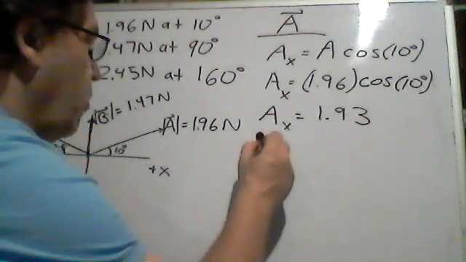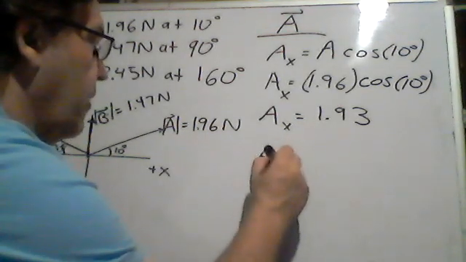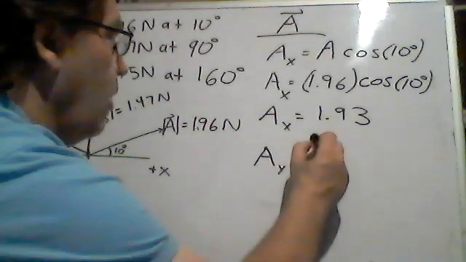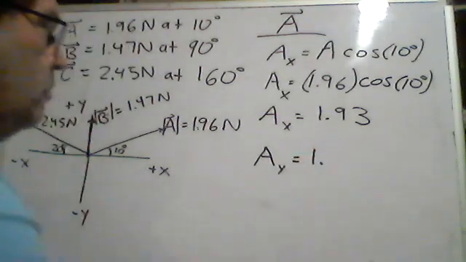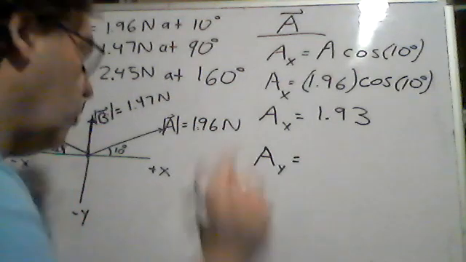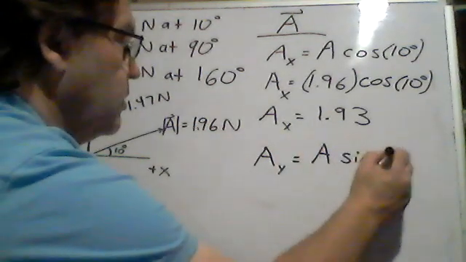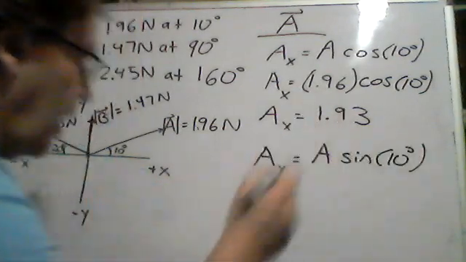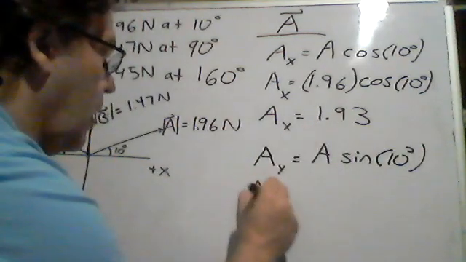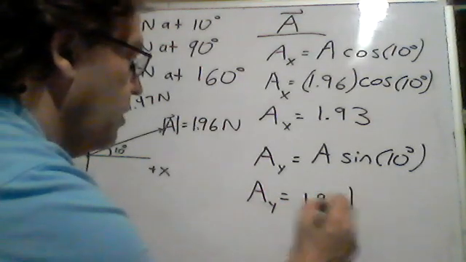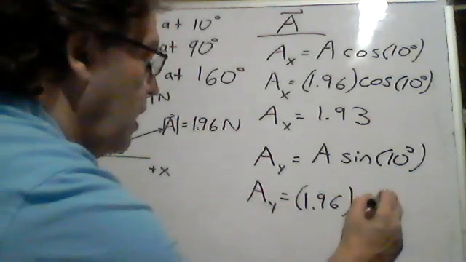A sub y, similar math. Again, remember the y component would be the opposite. A sub y would then be A sine of 10 degrees. Okay. A sub y would then be 1.96 sine of 10.